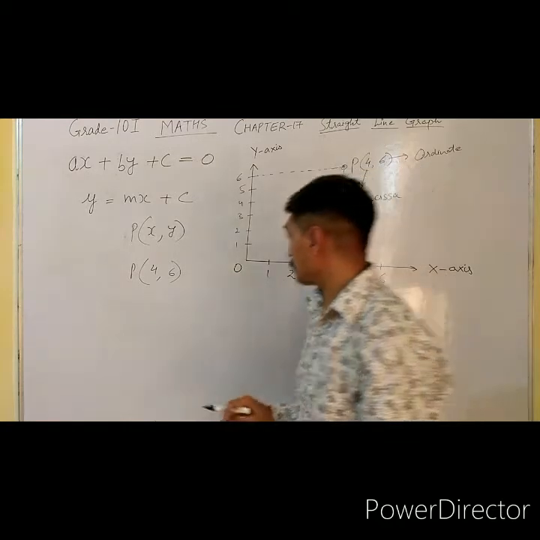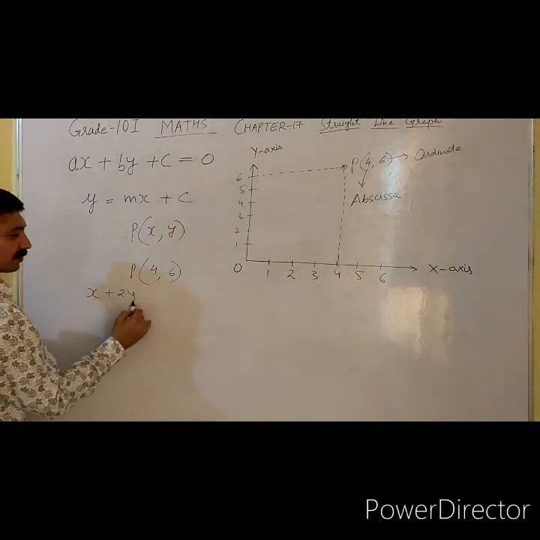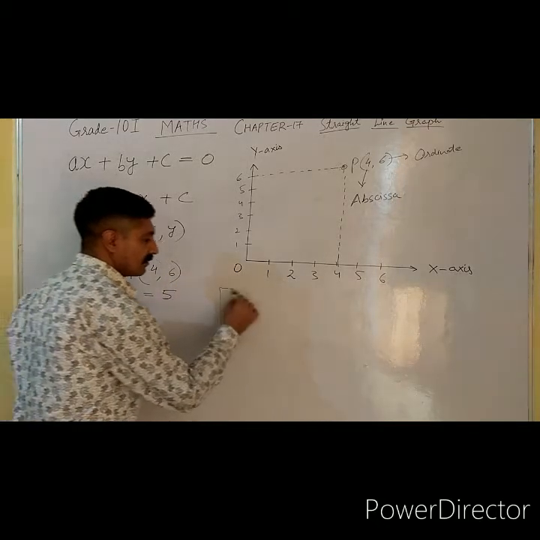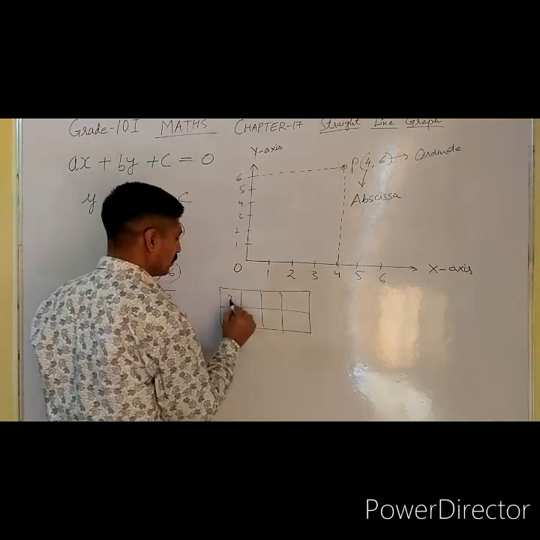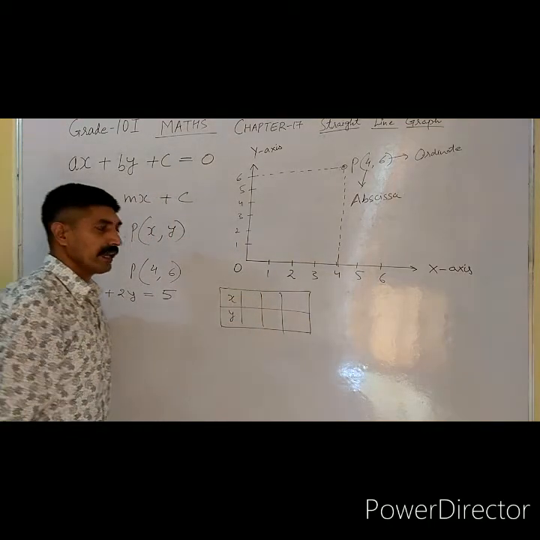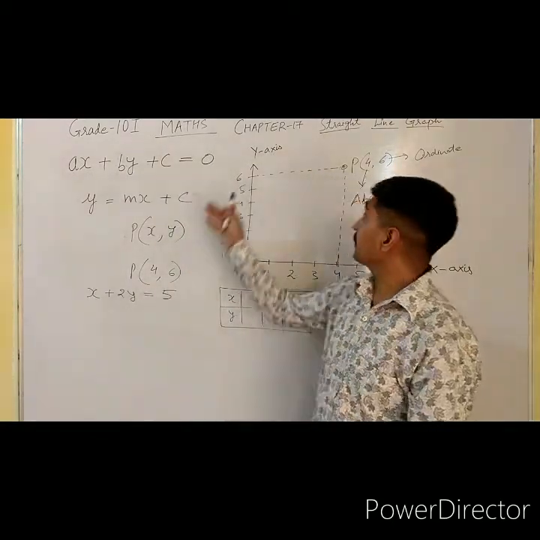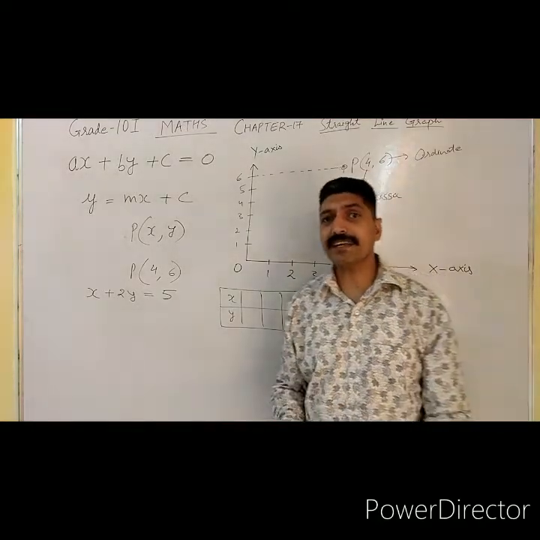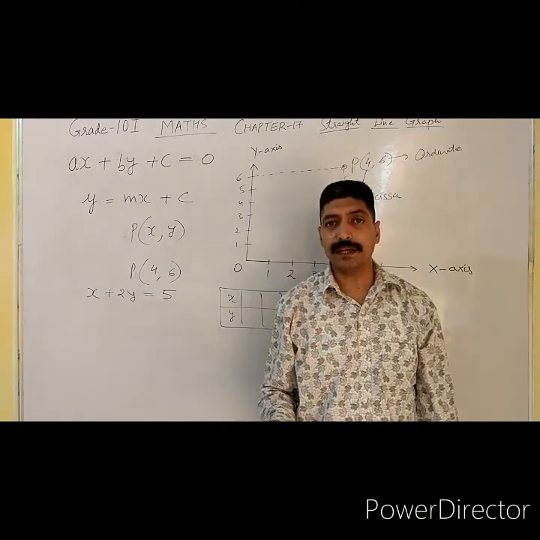If we have an equation of a line, suppose x plus 2y is equal to 5, we will find minimum 2 or 3 solutions, and by plotting the points we can draw a straight line.